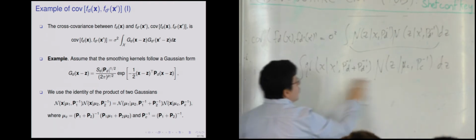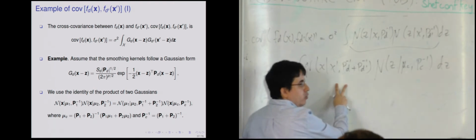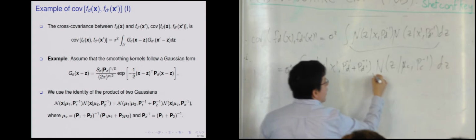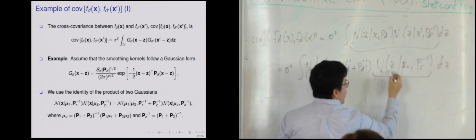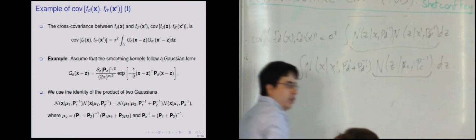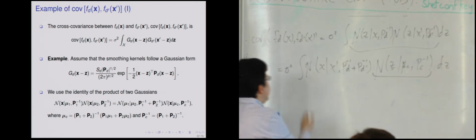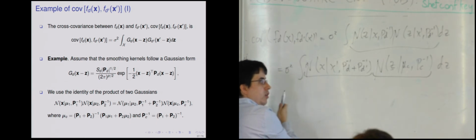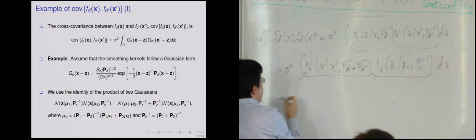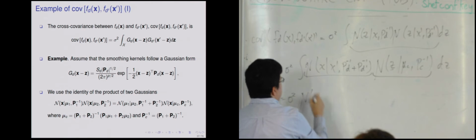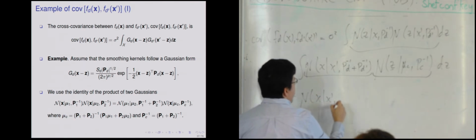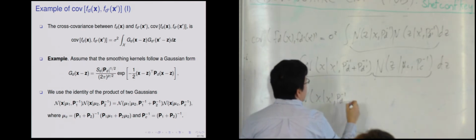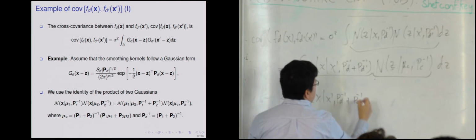So from these two Gaussians, the only Gaussian that I really care about is this one, yeah? Because the variable will appear there, and then I need to make the integral over z. So this Gaussian, I can move it outside of the integral. Yeah, so I get sigma squared and then the Gaussian of x given x prime, with precision PD prime.